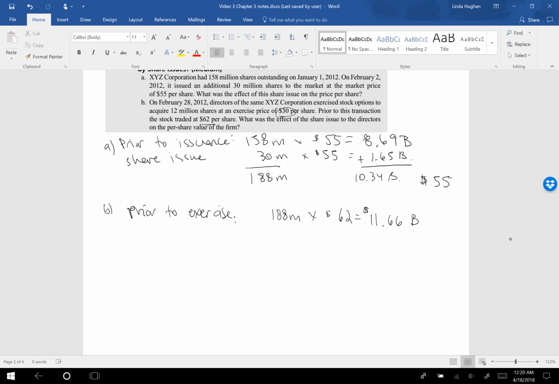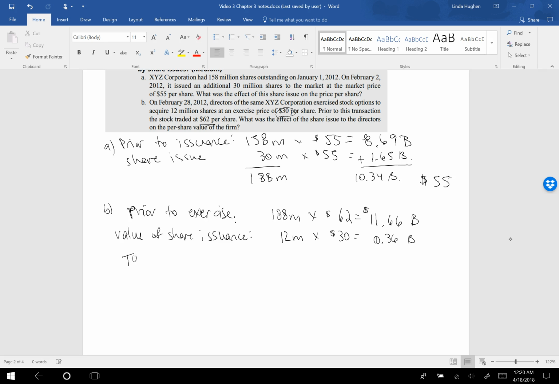The value of the share issuance to those directors through this option exercise: they gave out 12 million shares at $30 per share. So we increased the market value by 0.36 billion.